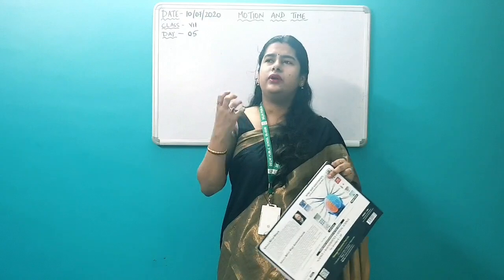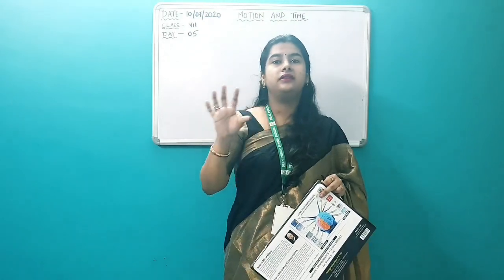The right brain gets attracted to colors. Some of us can remember things easily when lots of colors are used, or particularly one color, supposing red. Whatever is written in red becomes very easy.